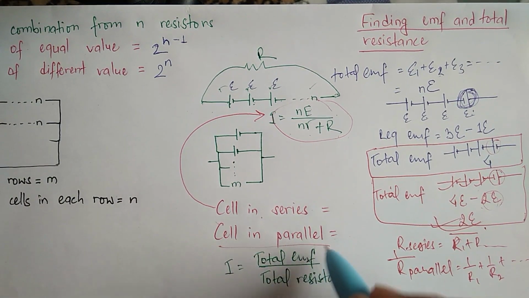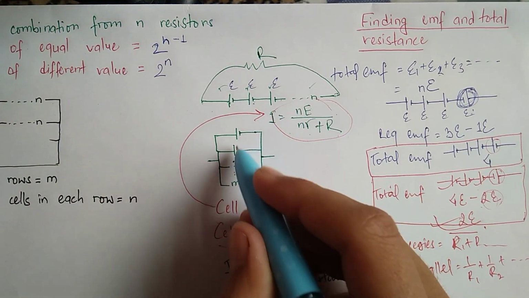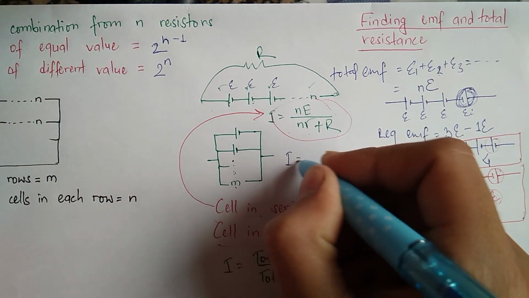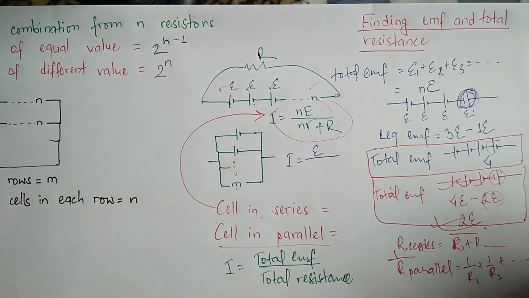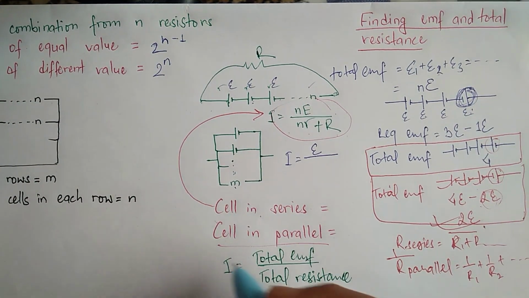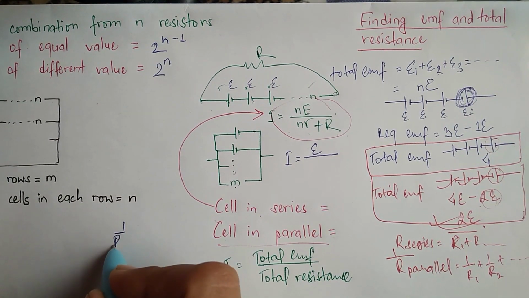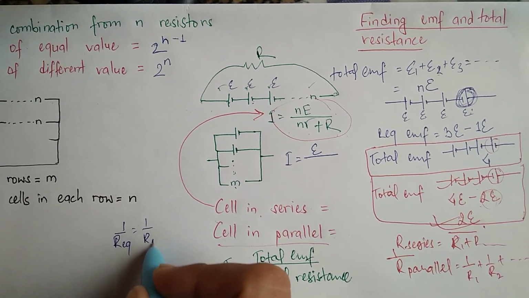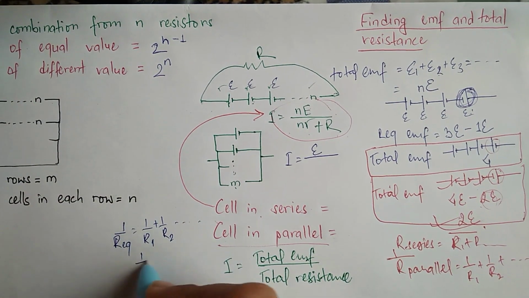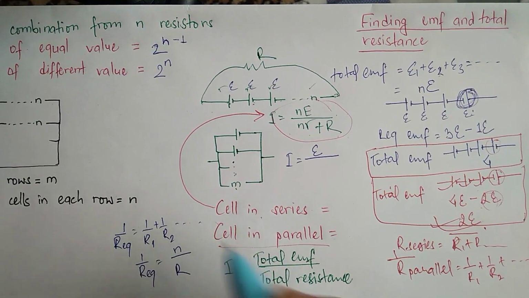Now let's discuss cells in parallel. If cells are in parallel, then EMF will be same. So total EMF is equal to E, only E. And the total resistance, well, we have to calculate. 1 by R equivalent is equal to 1 by R1 plus 1 by R2 dot dot dot up to n. So it will be 1 by R equivalent is equal to n by R, because all are same.